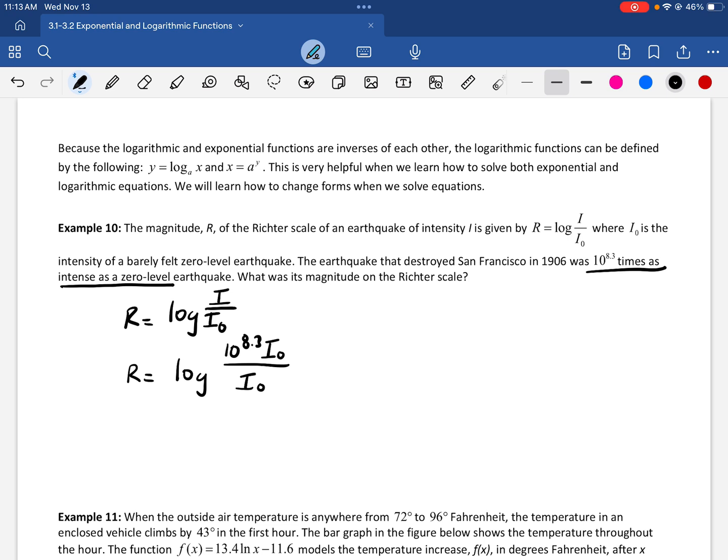Right, a zero level earthquake we said was I sub 0. So that's how you can see it's 10 to the 8.3 times the zero level.